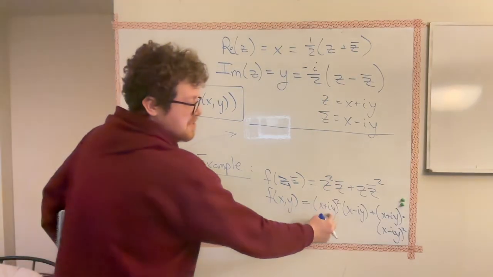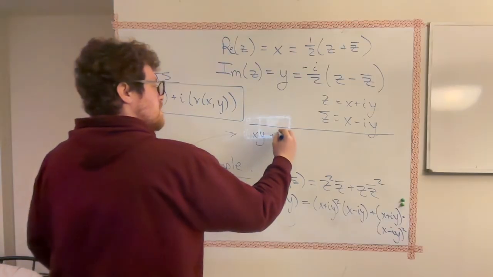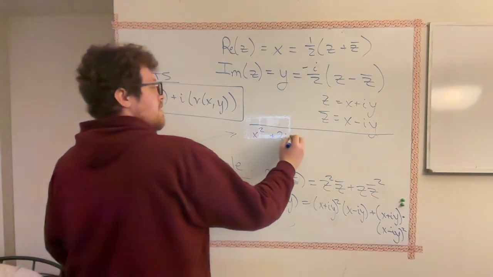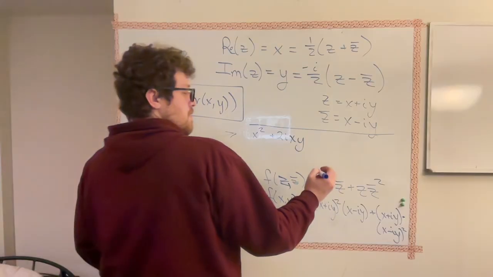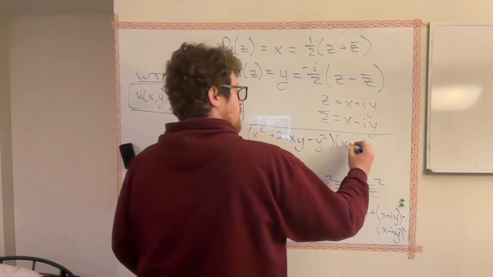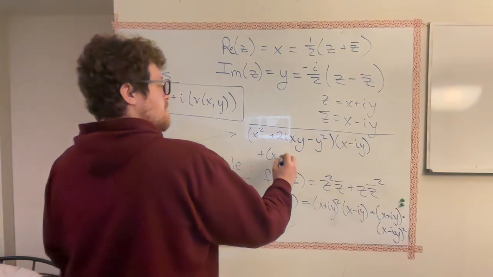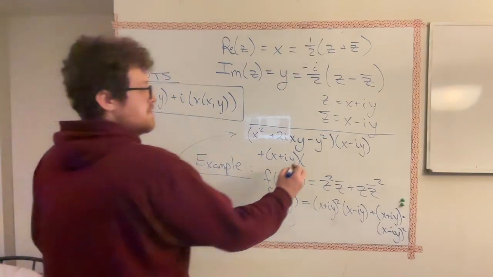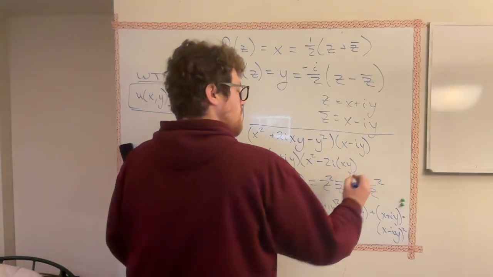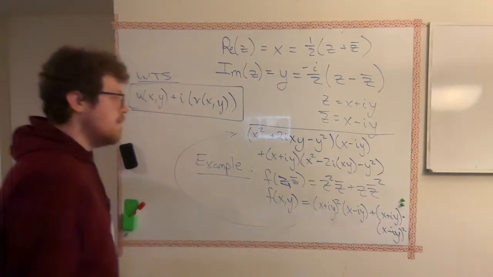So let me just swing back around up here for a second. I'm just going to expand this a little bit, so let me FOIL these out. So this is x squared plus 2I xy minus y squared, all this times x minus iy, and then plus x plus iy times x minus iy squared, so that is x squared minus 2I xy minus y squared.